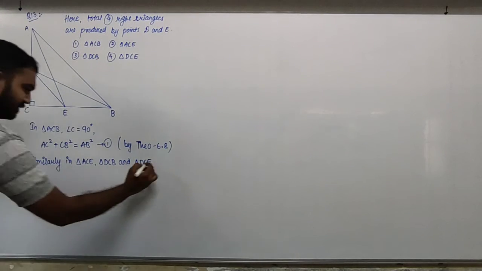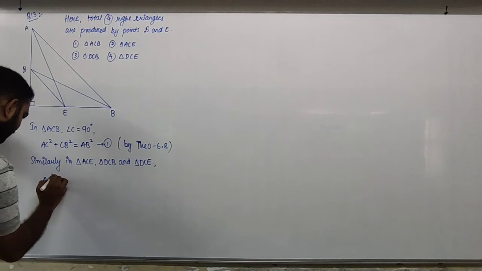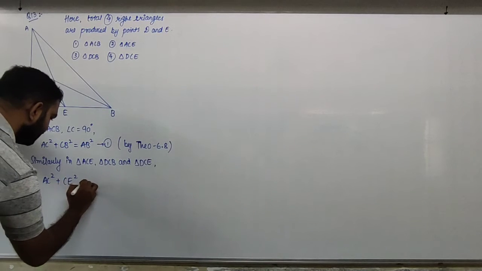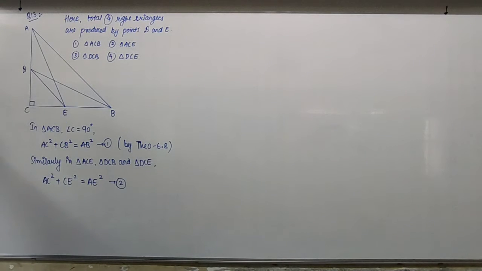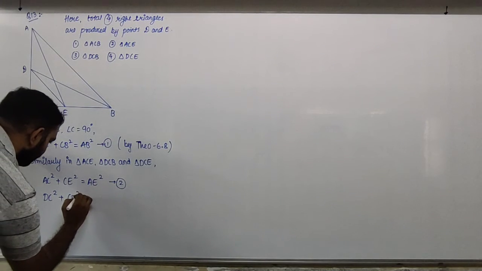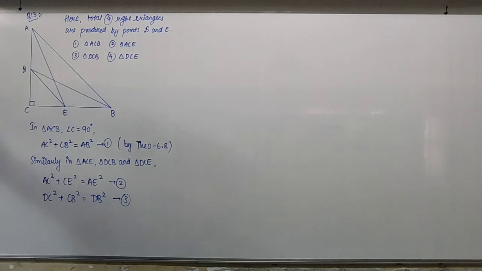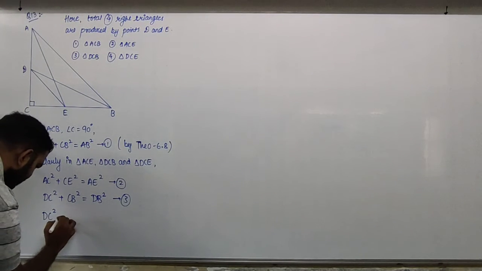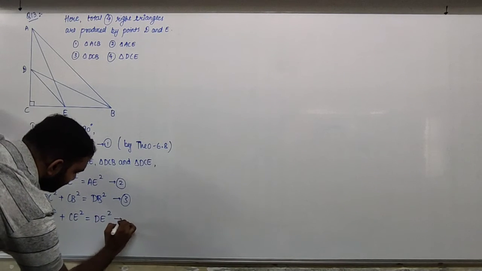Similarly આ ત્રણે ત્રણ triangles ની અંદર what we can write down triangle ACE માં AC square plus CE square is equals to AE square. આ result number 2. પછી DCB માં DC square plus CB square is equals to DB square. આ number 3. અને DCE ની અંદર DC square plus CE square is equals to DE square.